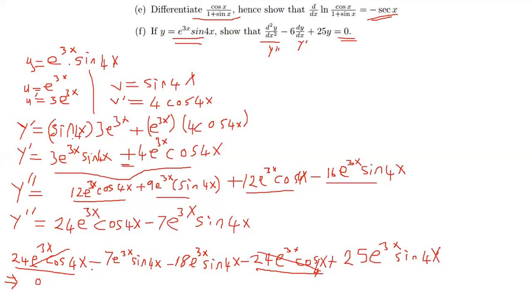And then let us also check if there are other expressions that will give us a 0 as well. When we add these two expressions, negative 7 minus 18, we're getting negative 25e to the power 3x sine 4x.